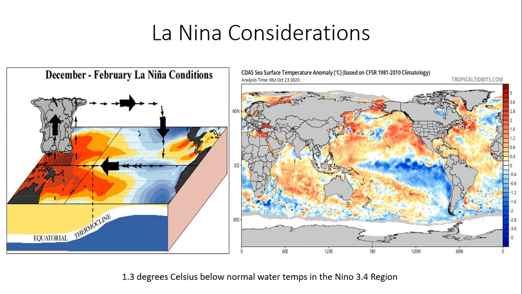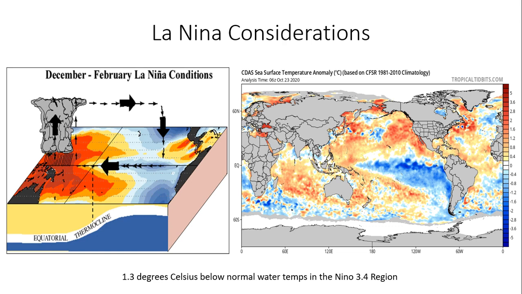All right, so now we're going to look at La Nina considerations. As I mentioned in last Friday's video, the graphic on the right shows sea surface temperature anomalies in degrees Celsius compared to climatology from the years 1981 to 2010. You see that blue shading there off the coast of South America extending along equatorial areas in the eastern Pacific.